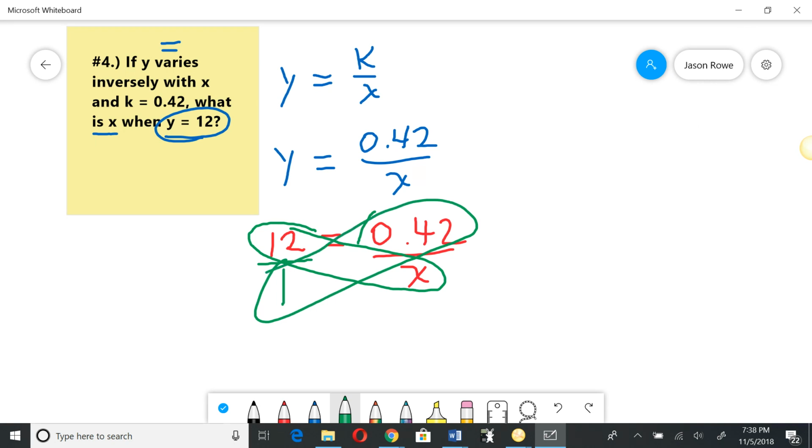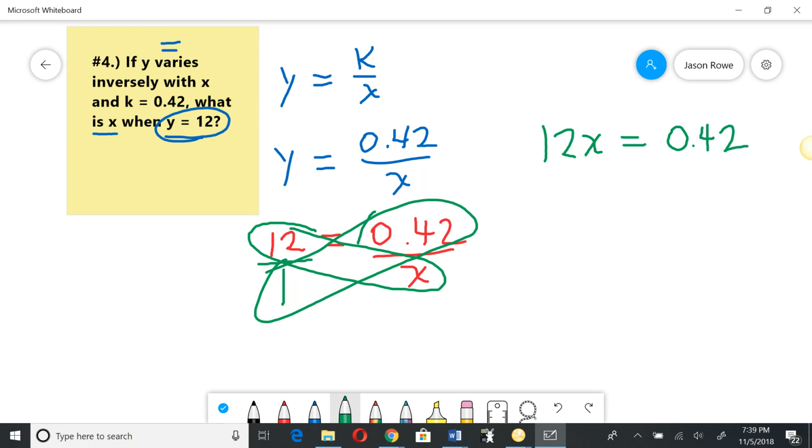And so what we end up with here, we get x times 12, which is 12x, equals 1 times 0.42, which is 0.42.